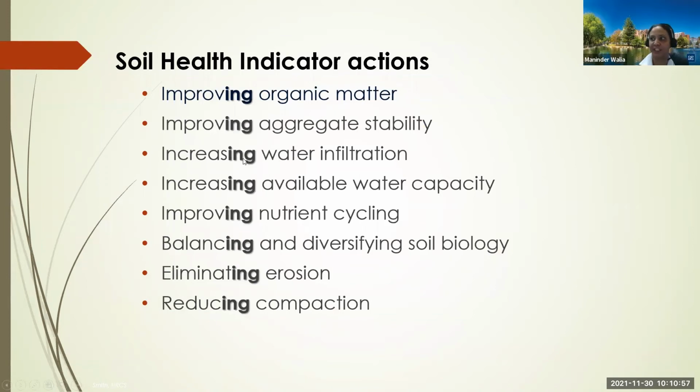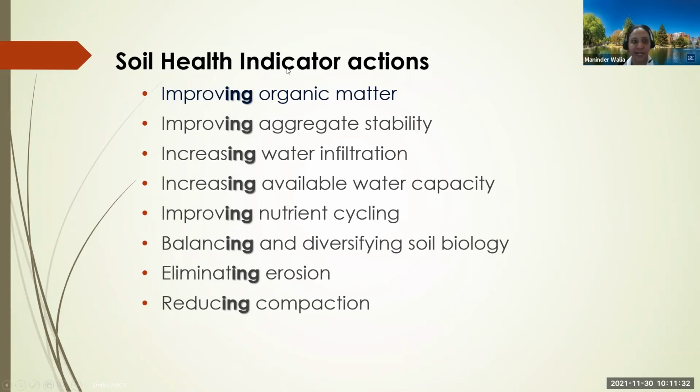So these are the actions that soil health indicators lead to. The basic, and most important, is improving the organic matter, which leads to better aggregate stability, how fast the water is moving through the soil, and increasing the available water capacity, how much water is available to the plants, nutrient cycling, and diversifying and balancing the soil biology that lives beneath the soil, reducing erosion, and reducing compaction.